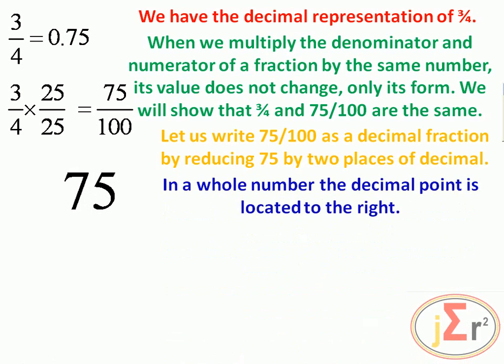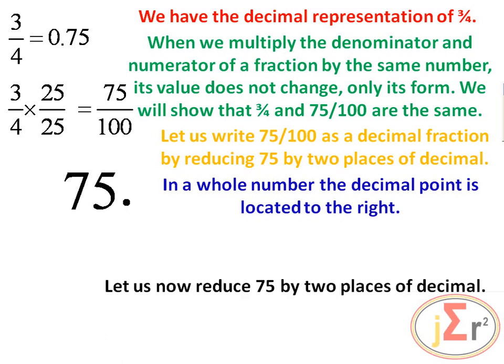In a whole number, the decimal point is located at the right. 75 is that whole number. The decimal point is located at the right.